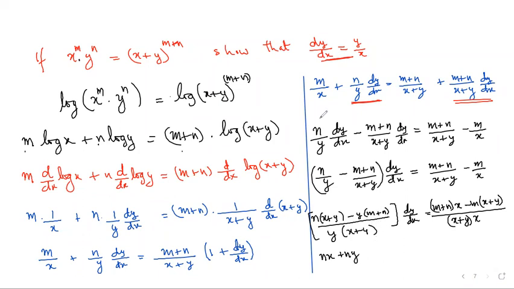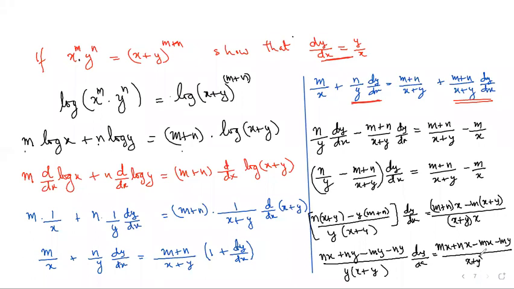When you open here, it becomes minus my minus ny. When you open here, mx plus nx minus mx minus my divided by x plus y into x.